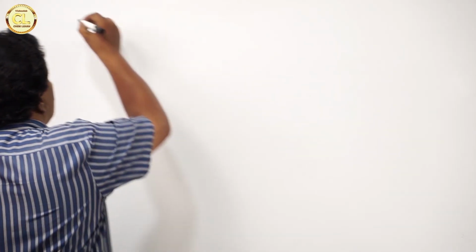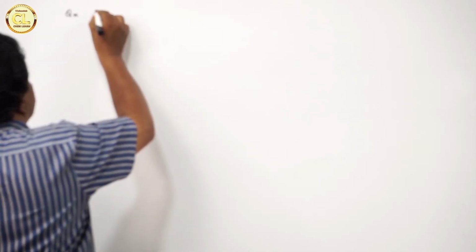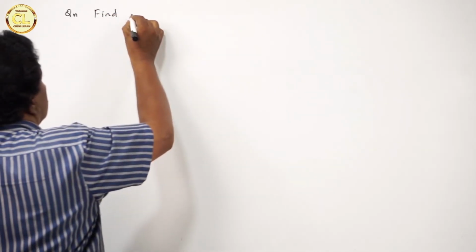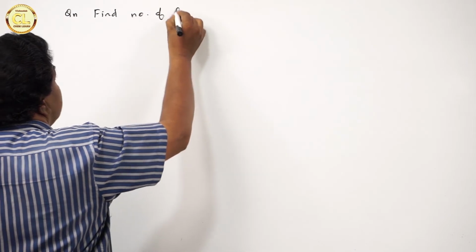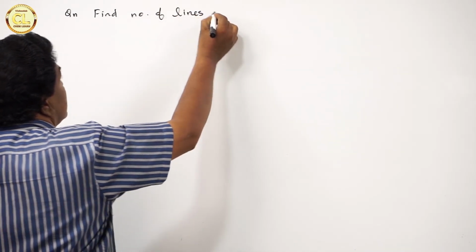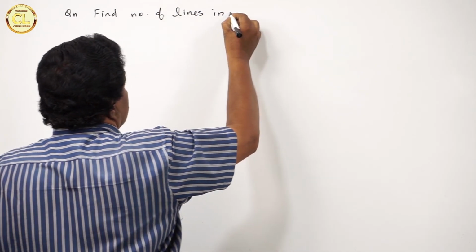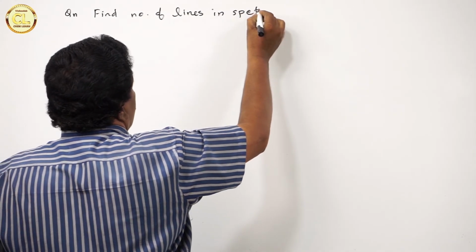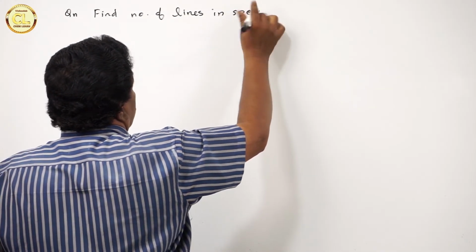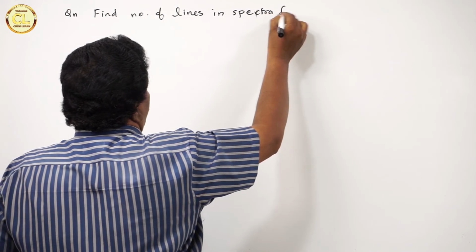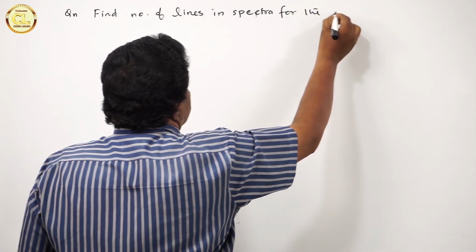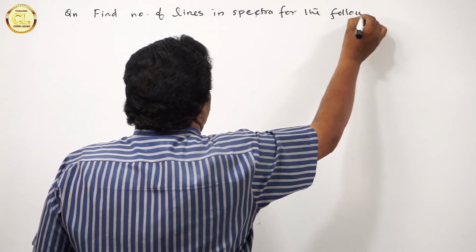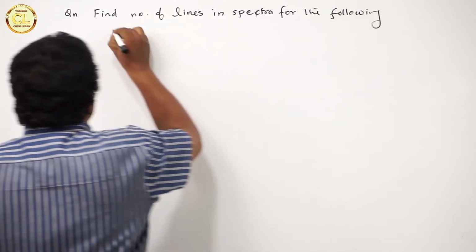Question. Find the number of lines in spectra for the following transitions.